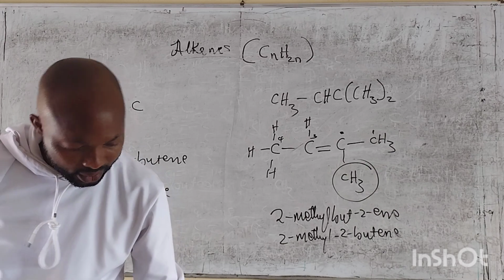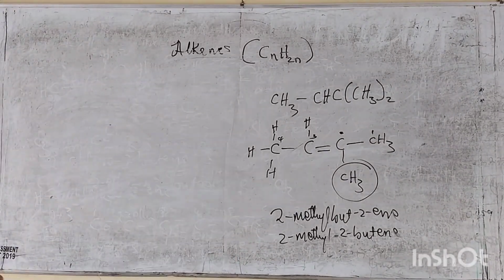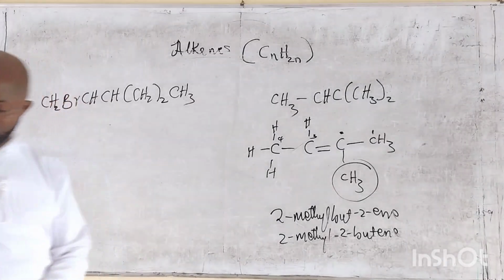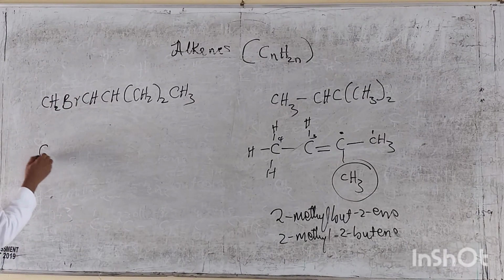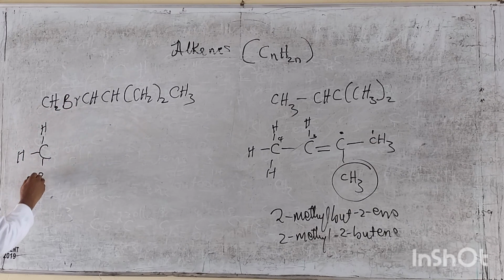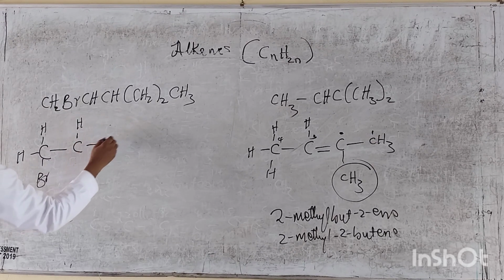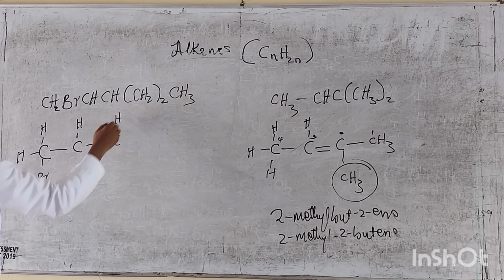Let's take one or two more quickly. The first CH has a bromo attached to it. I move down to the second C, I have one hydrogen. Move down to another C, I have one hydrogen. Of course, there will be a double bond here.